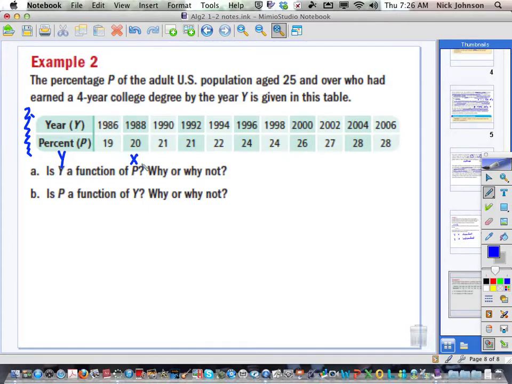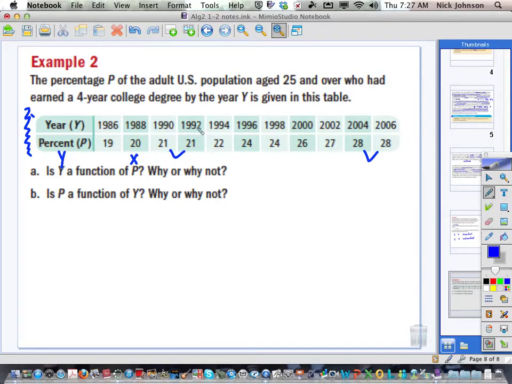So I'm looking at my x values. My x values are my p's. My p's are on the bottom here. As I look through these p's, are there any p's that are the same? Well, you're saying 28 and 28 are the same. 21 and 21 are the same. Do they map to the same thing? Well, it says this 21 maps to 1990.